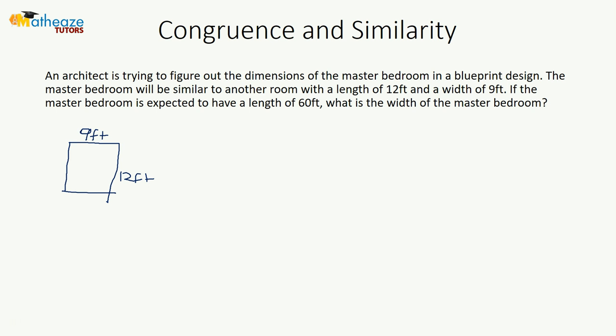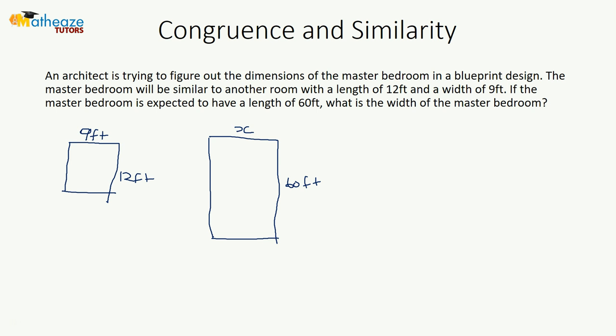If the master bedroom is expected to have a length of 60 feet, so we have a master bedroom with a length of 60 feet. The length here is 60 feet. What is the width of the master bedroom? So let's make that X.